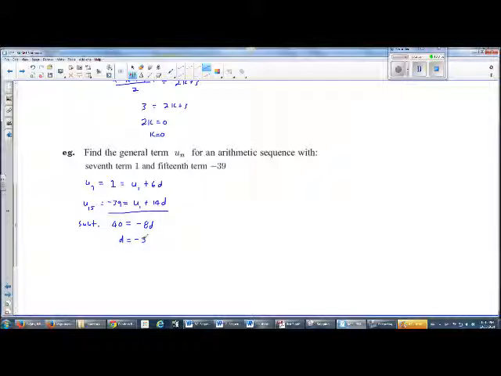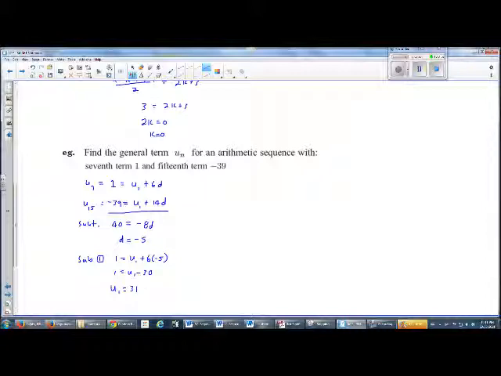So then now we can take that d, we can substitute that into equation 1. And so we know that 1 equals u1 plus 6 times negative 5, which is the common difference d. And so 1 equals u1 minus 30. Add 30 to both sides, so u1 equals 31.